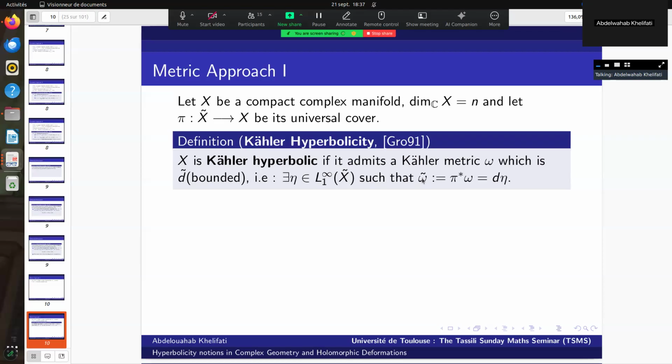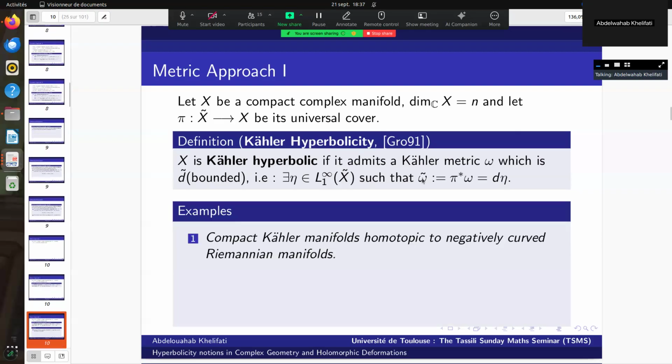So this is also a way to define hyperbolicity with respect to metrics. Of course, there are some nice and quite interesting examples of these. They include negatively curved ones, and even those homotopic to these, so compact Kähler manifolds homotopic to negatively curved Riemannian manifolds.